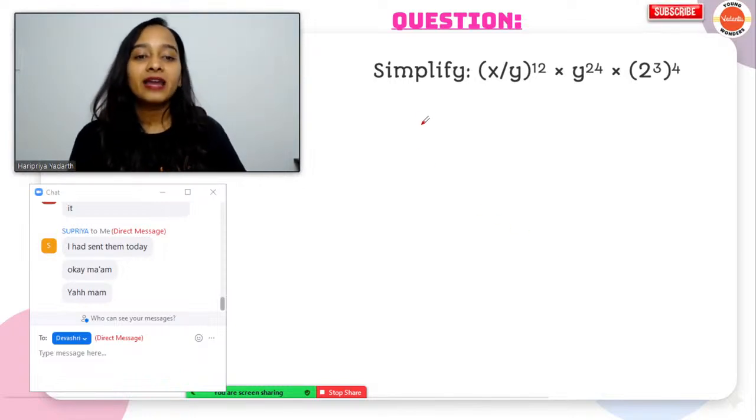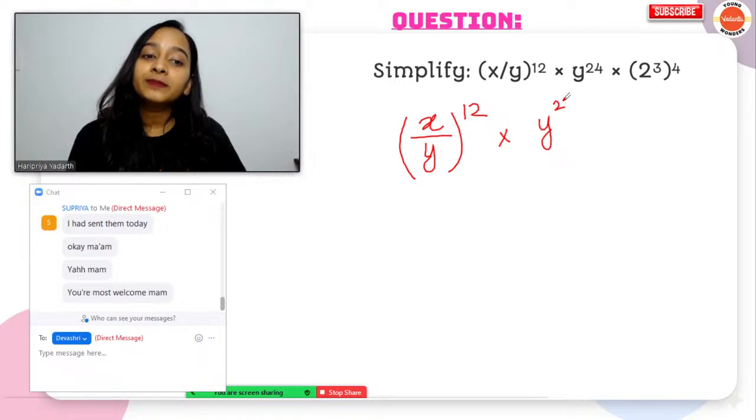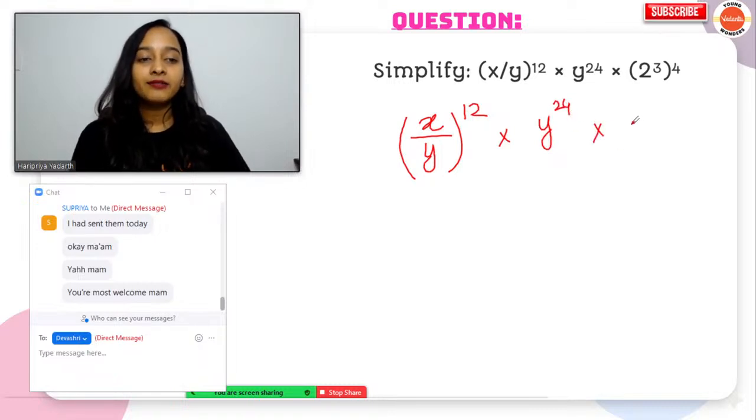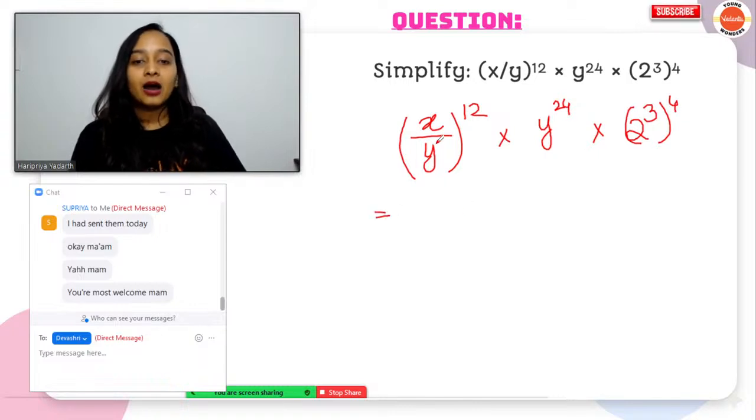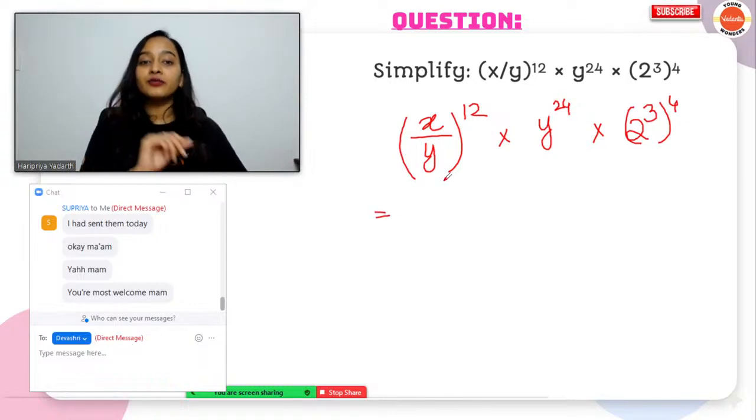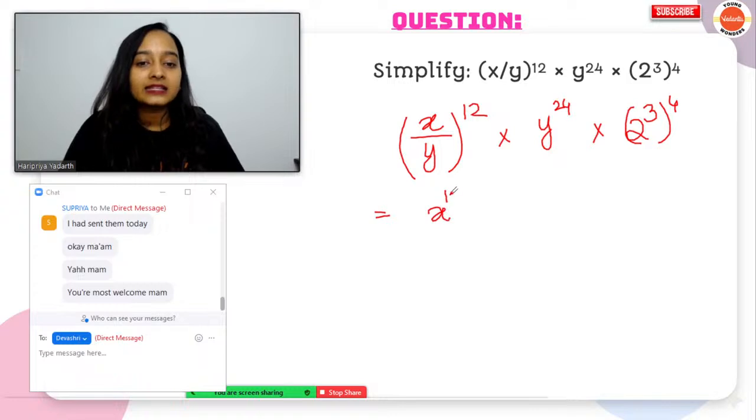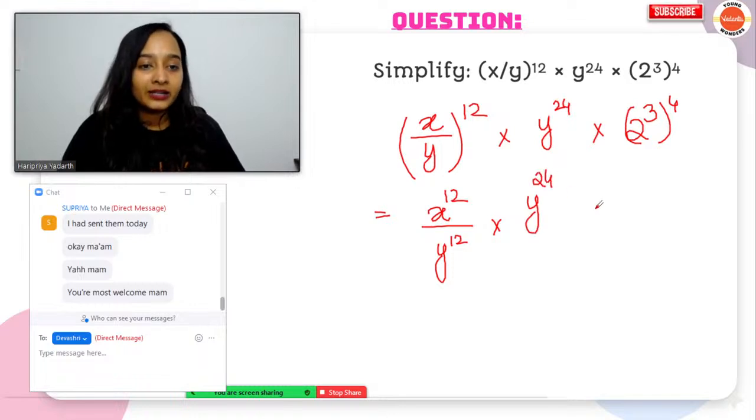Okay, simplify x by y whole to the power 2 multiplied with y to the power 24 multiplied with 2 cube whole to the power 4. Now, x by y whole to the power 12 can be written as x to the power 12 divided by y to the power 12, multiplied by y to the power 24, multiplied by 2 to the power 4 into 3, which will give you 12.